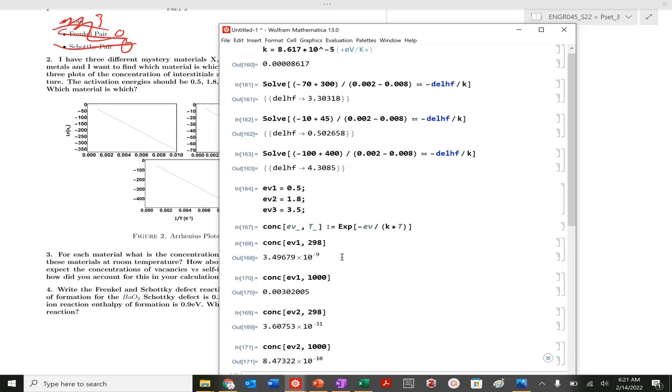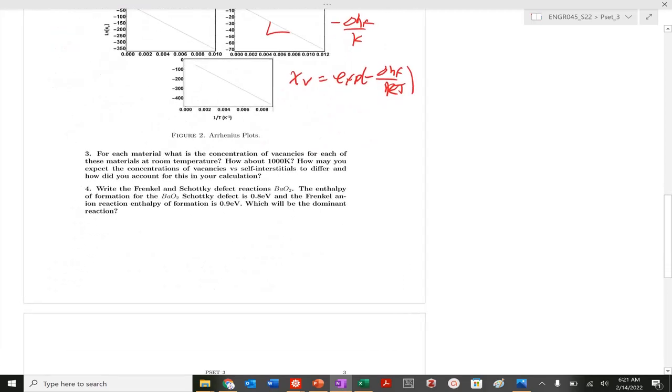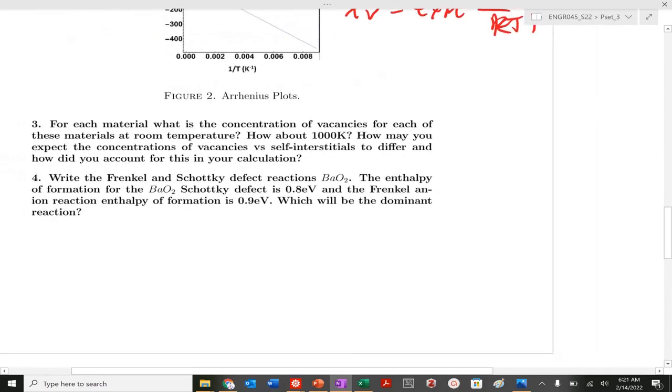And this is for self-interstitials. So we should expect vacancies to be lower, and lower by almost an order of magnitude. So you could actually have quite a bit of vacancies. We know that the enthalpy of formation is easier for a vacancy than a self-interstitial because you don't have to push out all those atoms. All right.